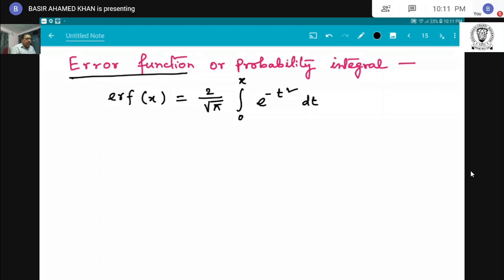Now the definition of complementary error function.